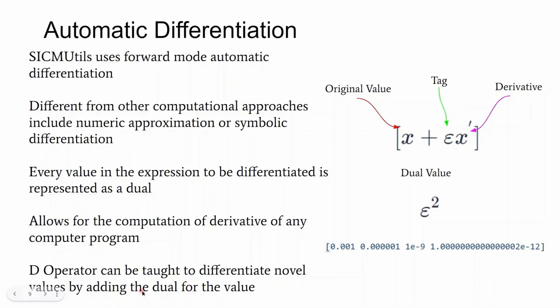And this approach of forward mode automatic differentiation allows for obtaining the derivative of any program, because provided the value in your program can be represented as a dual, you will be able to do differentiation on it. For example, if you can represent a closure feature as a dual, then the D operator will be able to obtain a derivative of the feature.